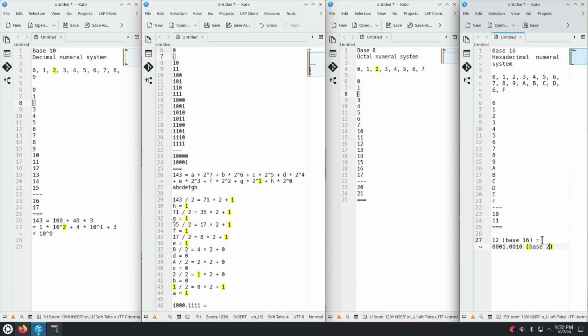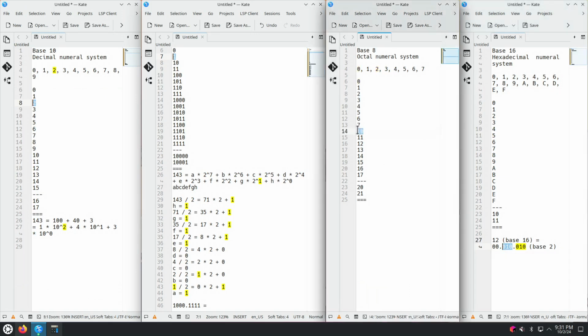Once you have base 2, it's easy to go to base 8. You just use groups like this. So this 0, 0 is useless when you convert to base 8. And then you have 0, 1, 0, which is line 14, which is 0, 1, 0, 0, 1, 0. 0, 1, 0.